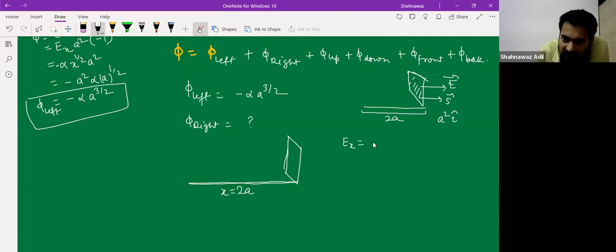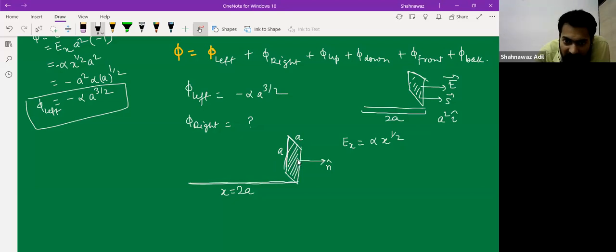Ex is alpha x to the power half. Right. So this is the area. Area is what? This is a cube, so A into A. And the direction of the area is in this direction. So this is the normal vector of area.